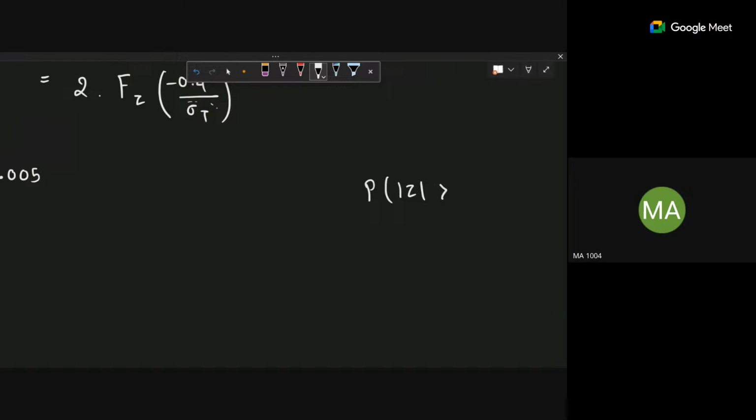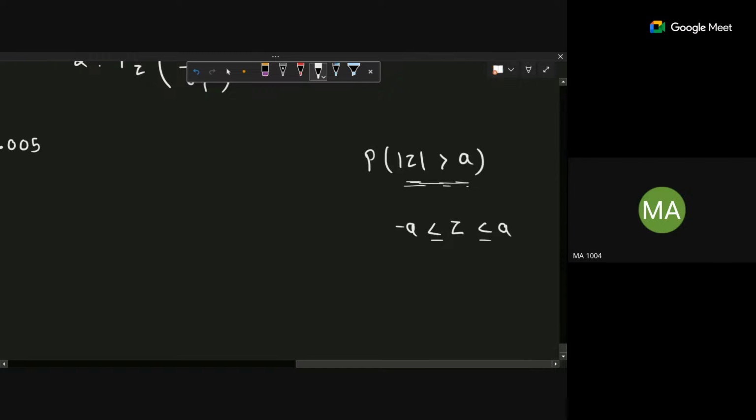Modulus Z greater than a. That means Z is lying in which range? Minus a to a? Just take your inequality. You are saying modulus Z greater than a.